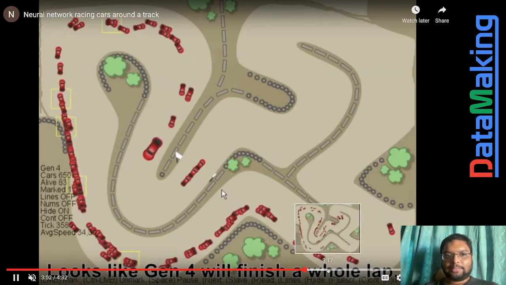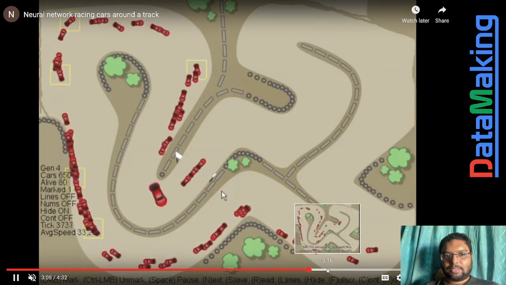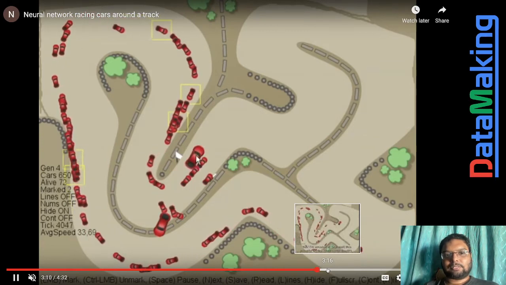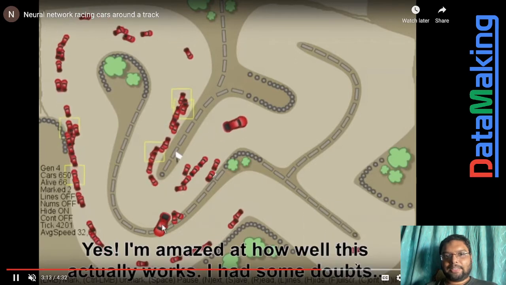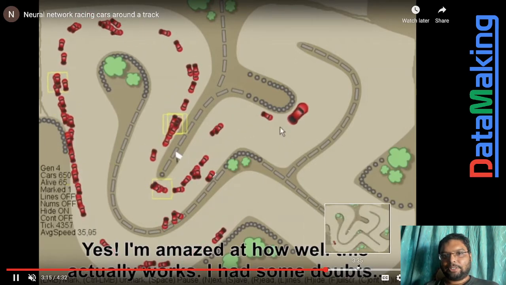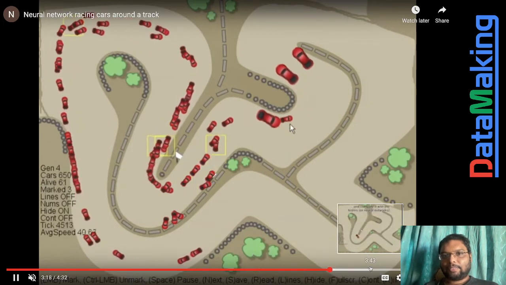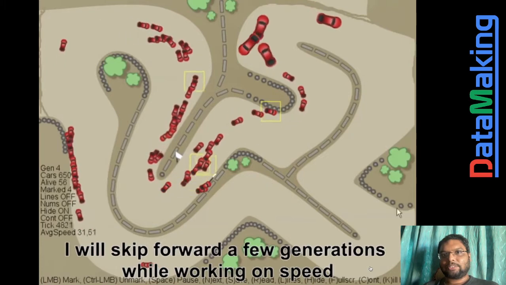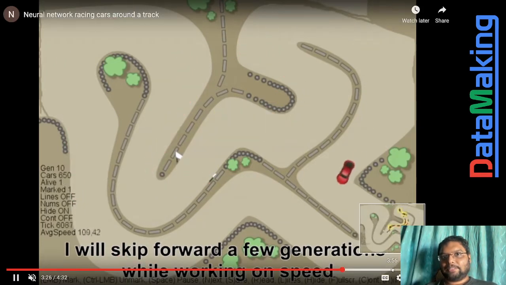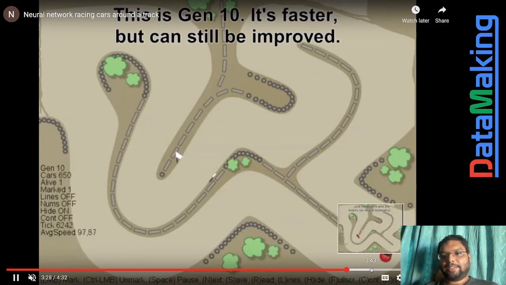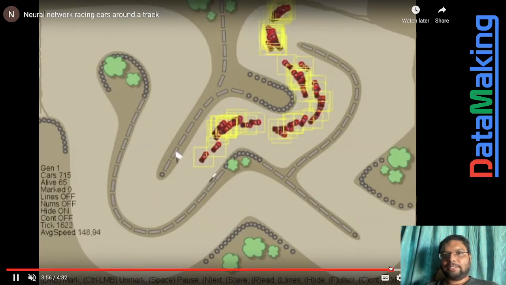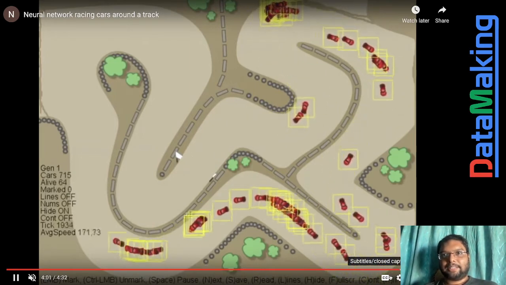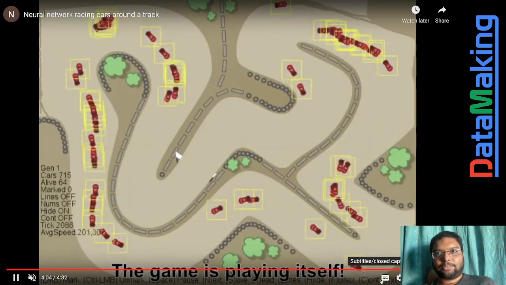So he's choosing the cars that are really going through the track. Finally he ends up with a car that really drives well, and sometimes it even races, goes faster.